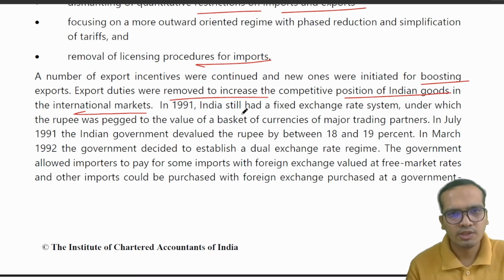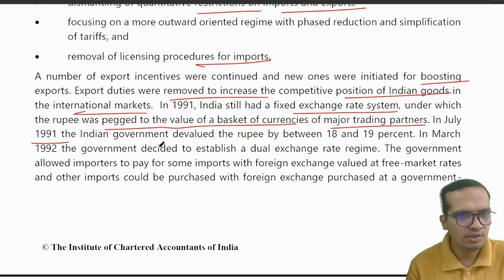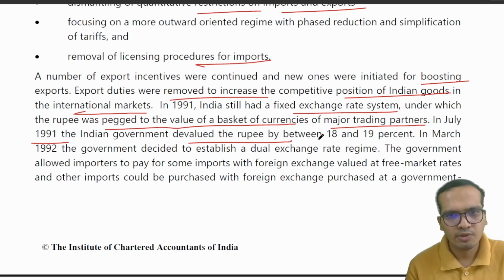In 1991, India still had a fixed exchange rate system under which the rupee was pegged to the value of a basket of currencies of major trading partners. In July 1991, the Indian government devalued the rupee by between 18 to 19%. In March 1992, the government decided to establish a dual exchange rate regime.